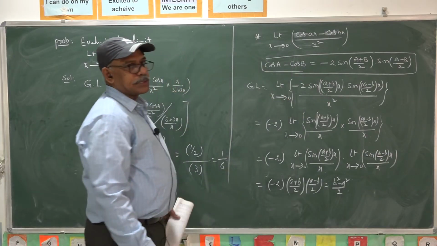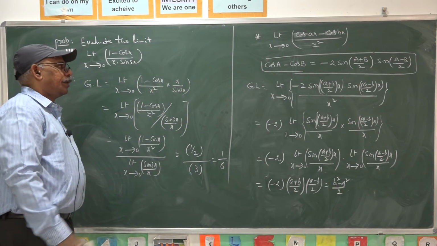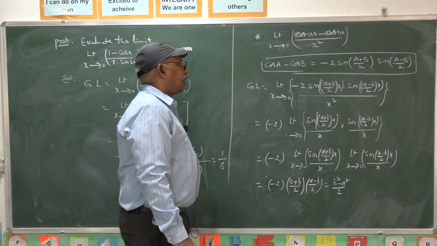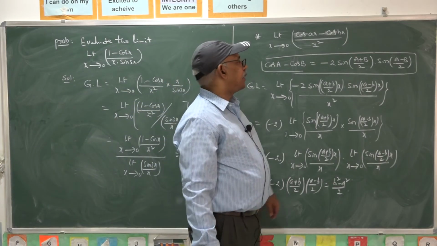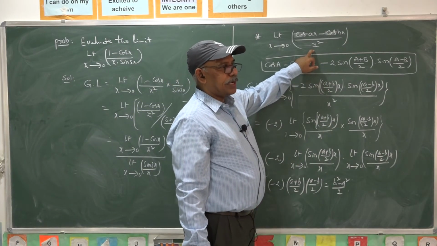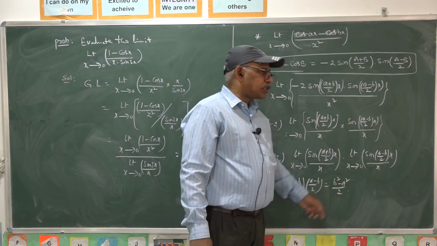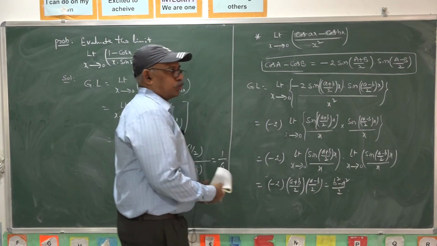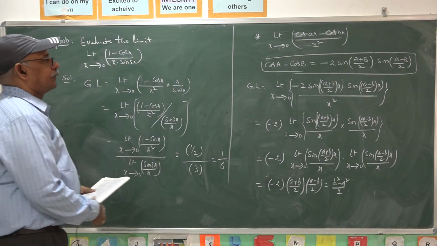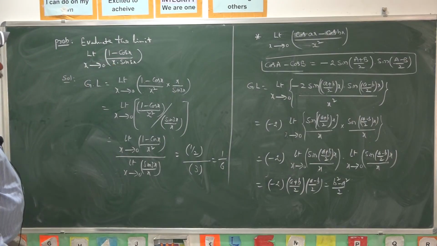You can use it as a formula here. Limit as x goes to 0, cos ax minus cos bx by x square is always equal to b square minus a square by 2.